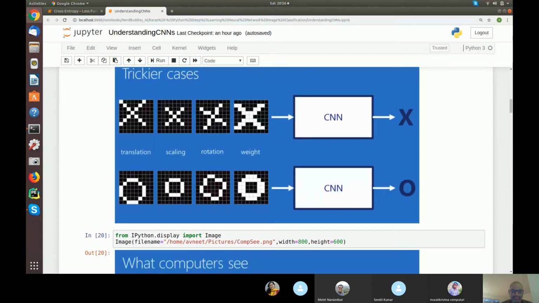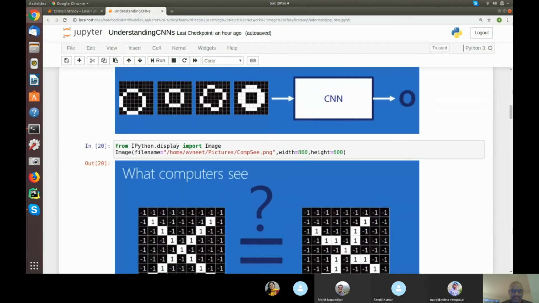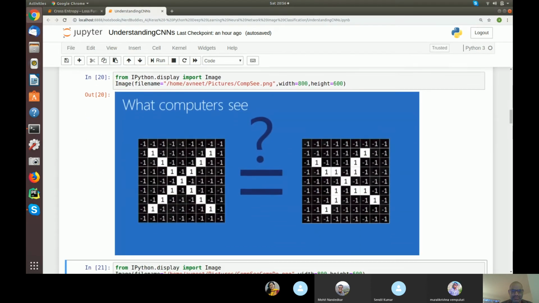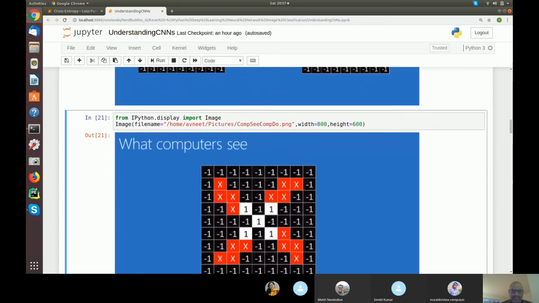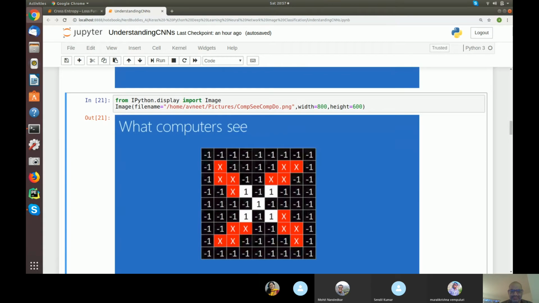Same thing we can see with the O. So how would a computer try to look at these two and say, is this an X or not? So the one right to us seems like an X, but it's sort of distorted. So how would a computer figure that out? So one simple thing is look at places where both the images don't agree and the places where they agree.